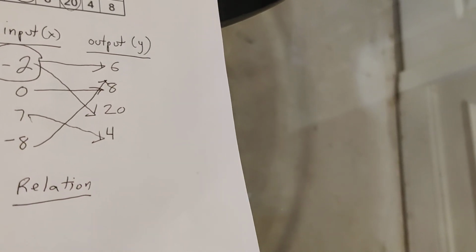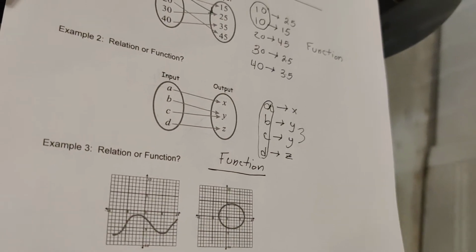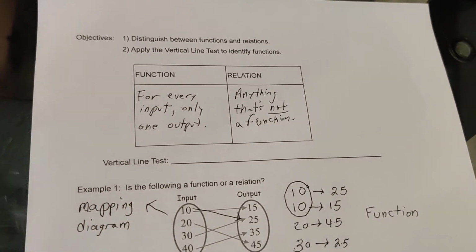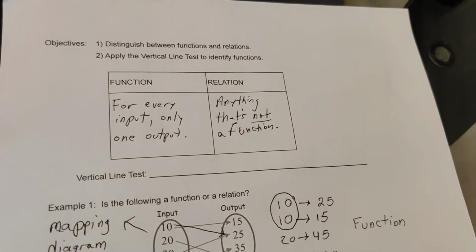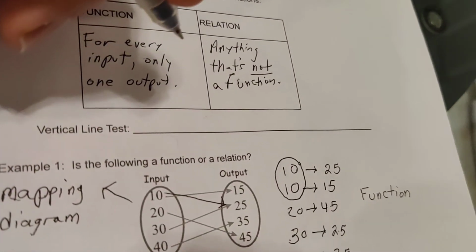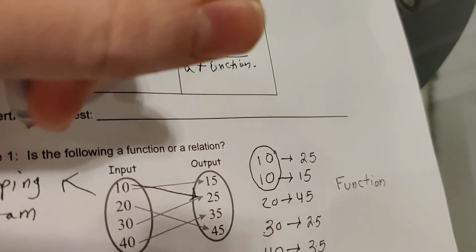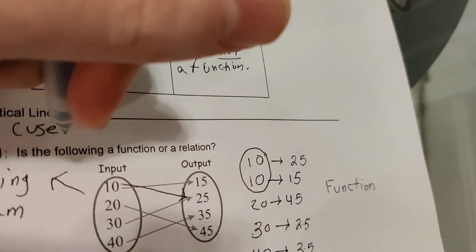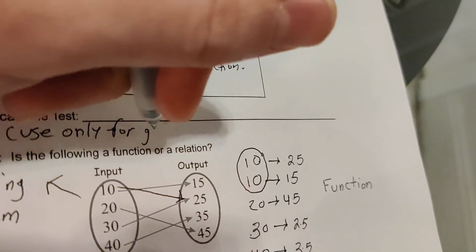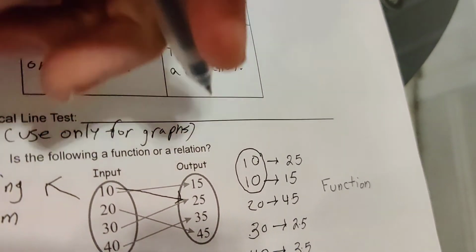All right, so we have answered the entire back and we've done the whole front except the part where we have graphs. What you need to know for the graphs is we're going to use something called the vertical line test, which we're going to use only for graphs.